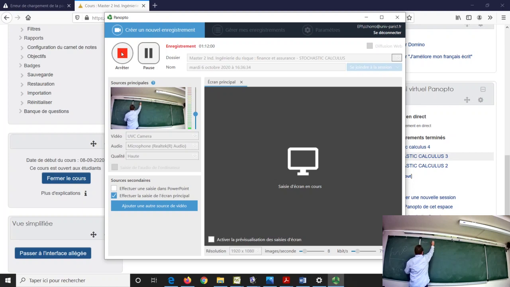Theorem 0.5.3, the Doob inequality. Let M_t be a continuous, it's important, so with continuous trajectories, and square integrable martingale.